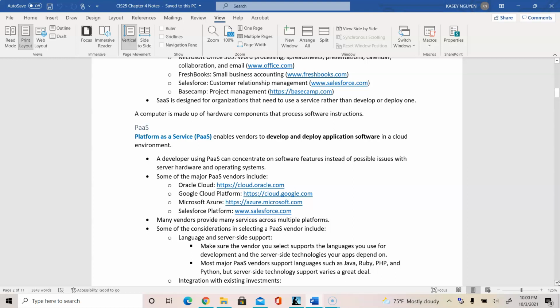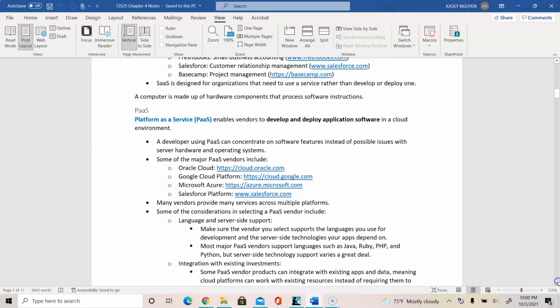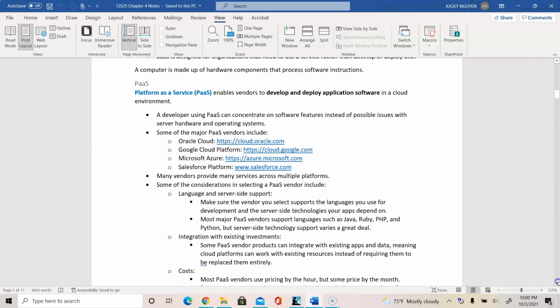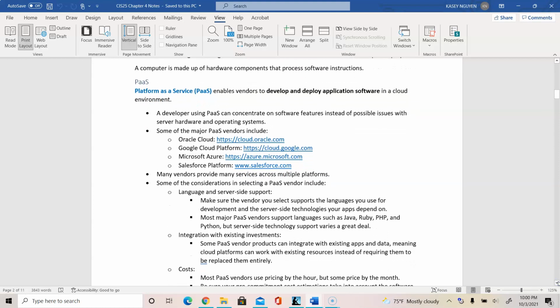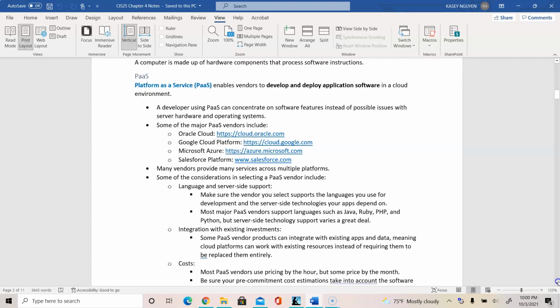So the programming languages chosen, and the server technologies for the app that will be incorporated for the organization. Some of the languages known in this type of environment would be Java, Ruby, PHP, Python, and many more.